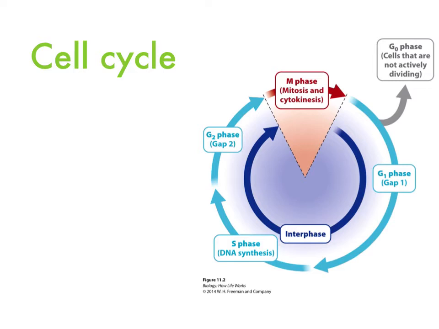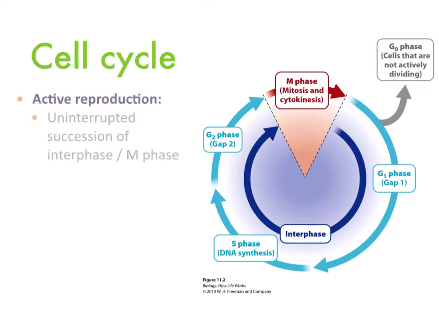Now, we have to differentiate cells that are actively reproducing. So, for example, cells that are in an embryo and the embryo is actively growing, and you need to populate this growing organism with new cells. So there is an almost uninterrupted succession of interphase and M phase.